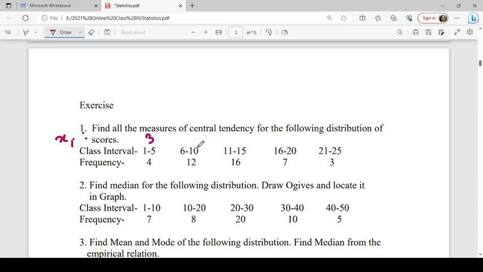Then 6 7 8 9 10, so the middle one is 8. Then 13, 18, and 23. These are xi, because it is a frequency distribution table, so the mid values of the class intervals are xi. These are the frequencies fi.